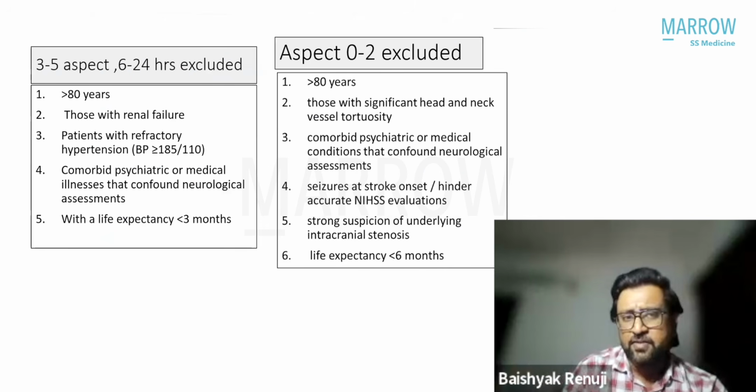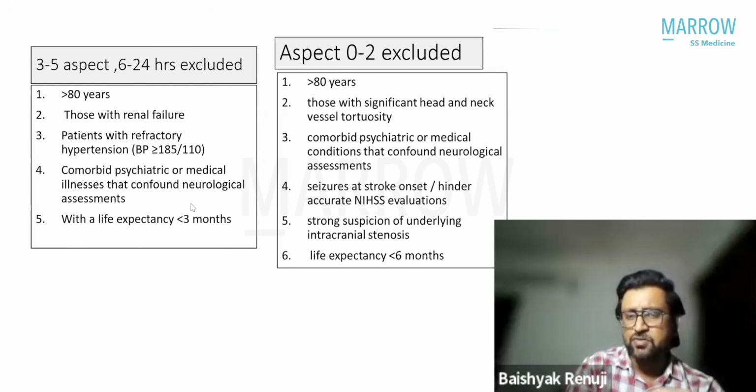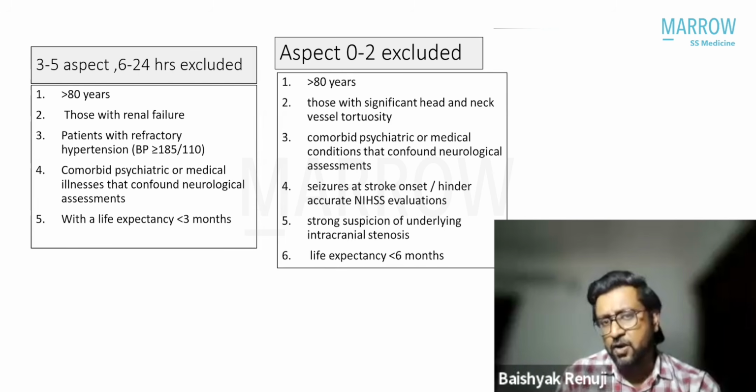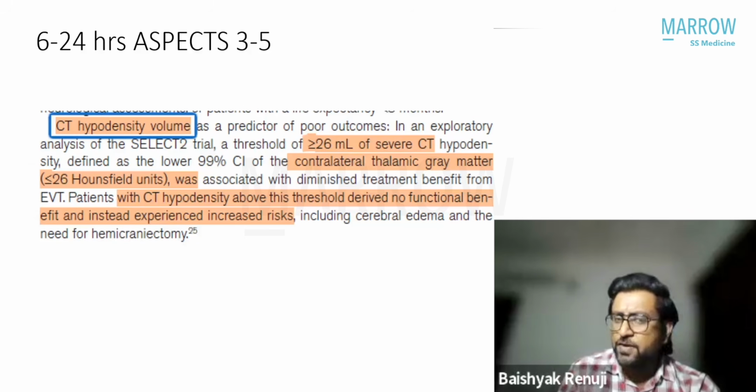There are some caveats they are giving for those with ASPECTS 3 to 5: age 80 years, renal failure, refractory hypertension, comorbid psychiatric illness which can confound the neurological assessment, and life expectancy less than 3 months. These should also be considered when you're taking lower ASPECTS practically. One more thing: with lower ASPECTS, particularly outside 6 hours, if you have CT hypodensity of more than 26 ml, or more than 26 Hounsfield, it is better not to take.